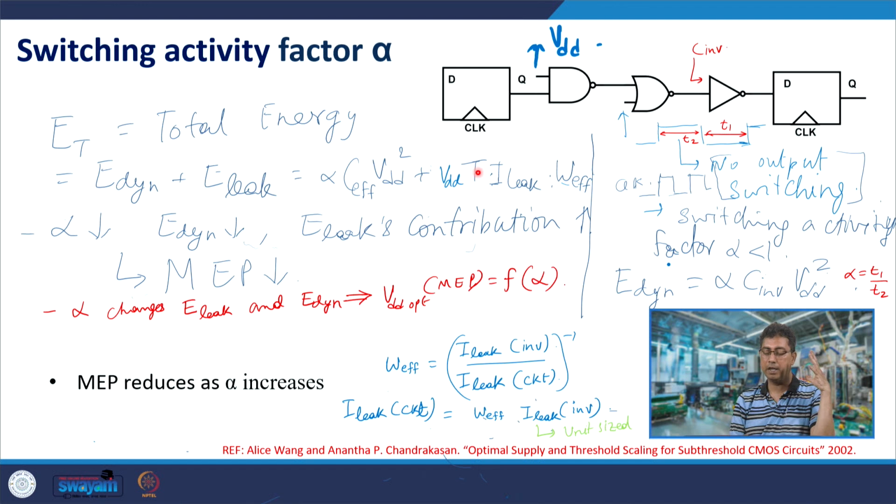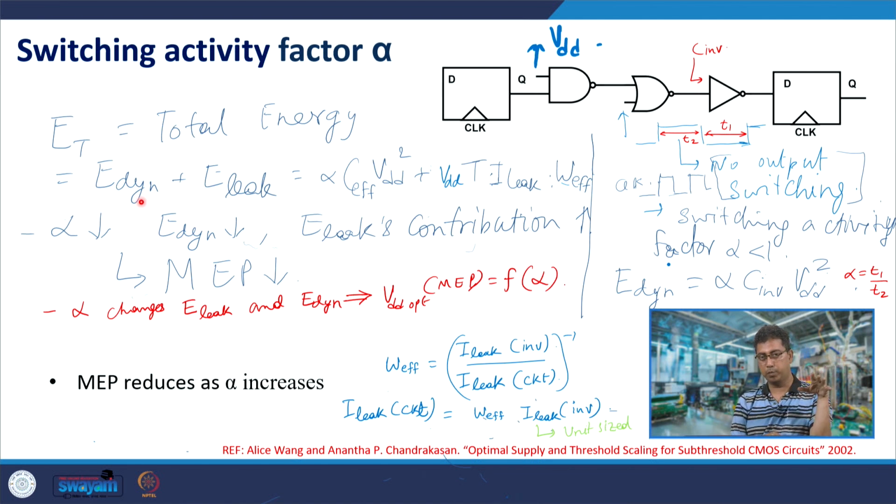When you are operating in the near threshold or sub threshold regime, it is an exponential change in time period that you will find with increasing VDD. So, this would reduce significantly and therefore the leakage energy would reduce. Dynamic energy may increase as a square law, but leakage energy may reduce exponentially because T reduces exponentially. So, overall you may find that the total energy actually reduces.